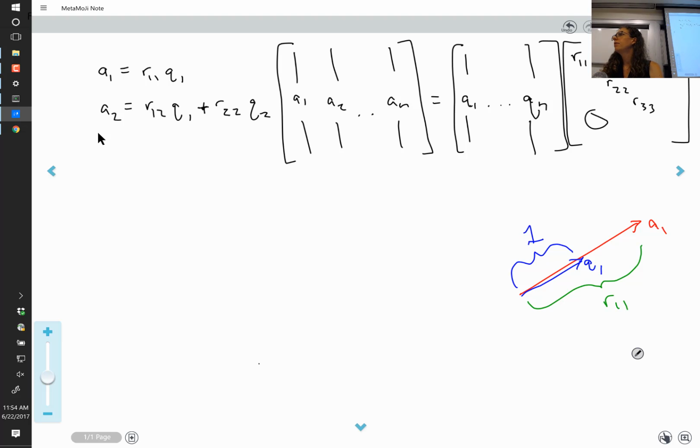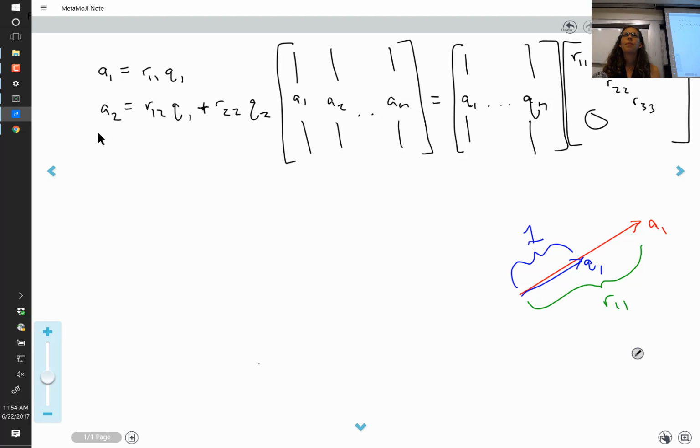Questions about that? Matthew? Can you repeat how you pick Q2? I know Q1 and Q2 are orthogonal to each other, but there are a lot of orthogonal directions.